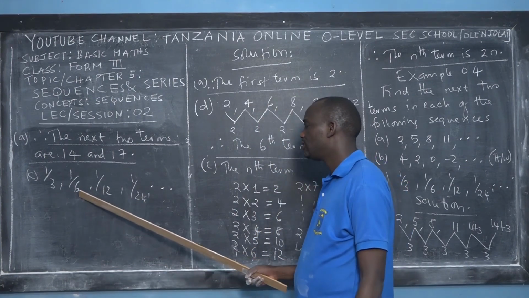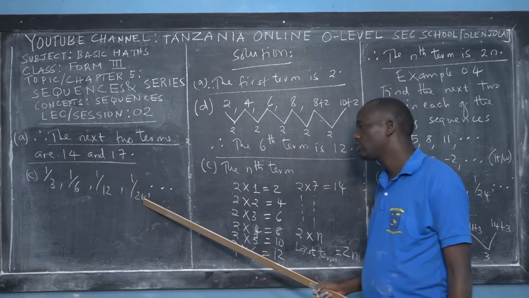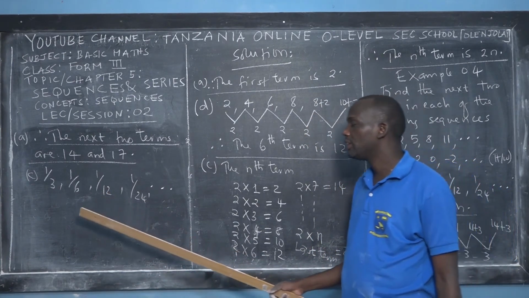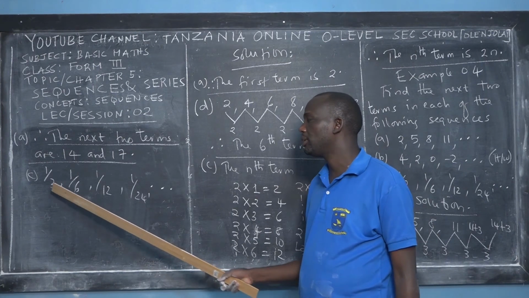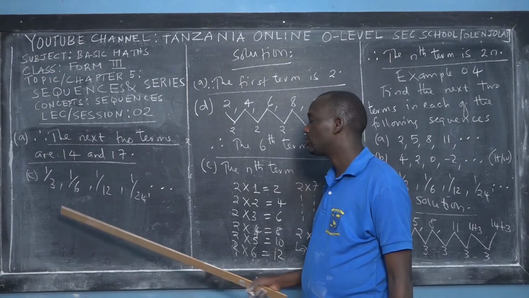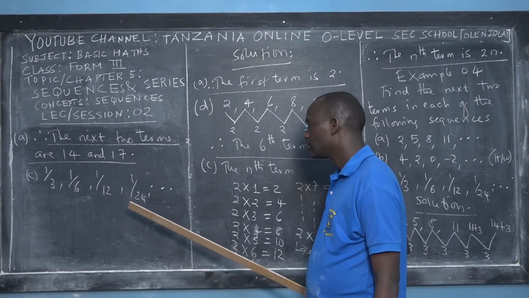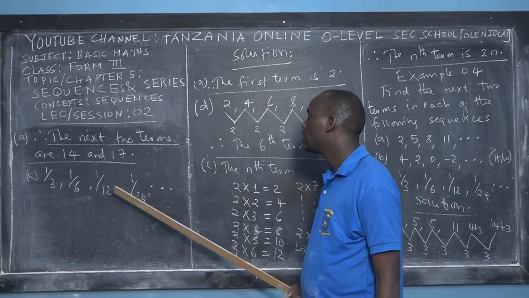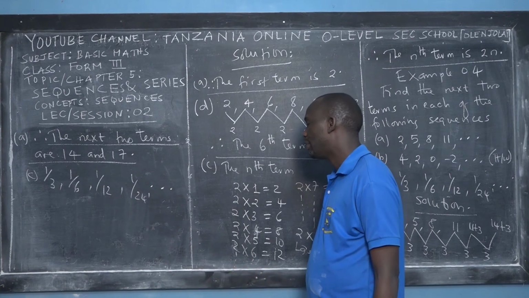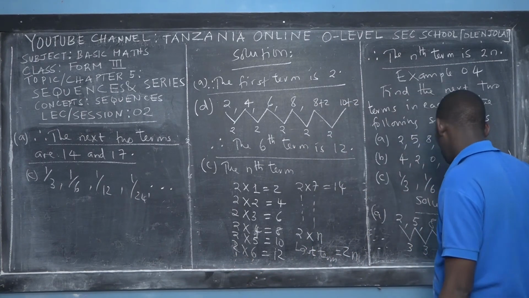This is 3, this is 6, this is 12, this is 24. So it means that 6 has been obtained by taking 3 times 2. 12 has been obtained by taking 6 times 2. And then even 24 has been obtained by taking 12 times 2.